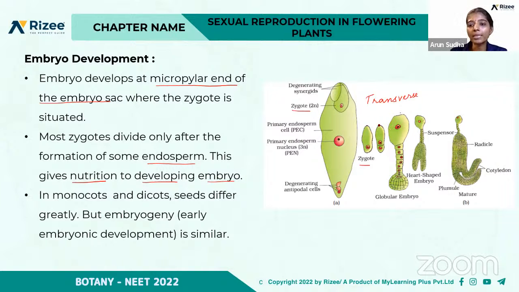One is called the basal cell or the suspensor. So the upper one is called the basal cell or suspensor cell. And the other one, the lower cell, is called the apical cell or terminal cell or embryonal cell.